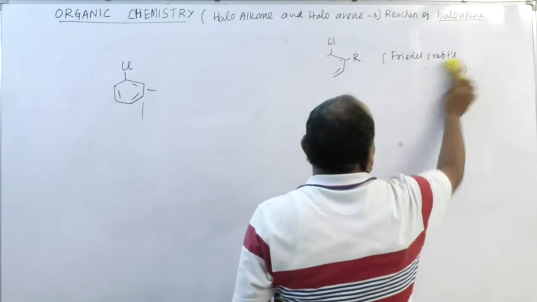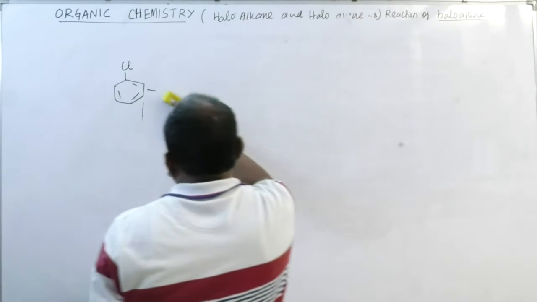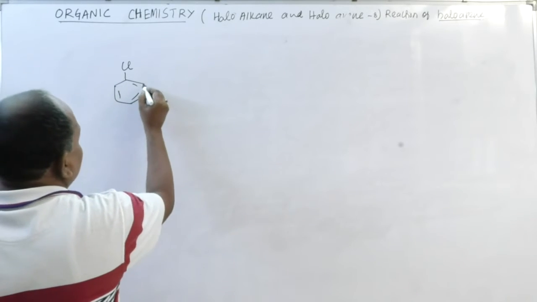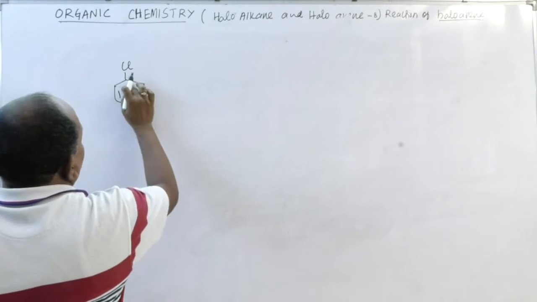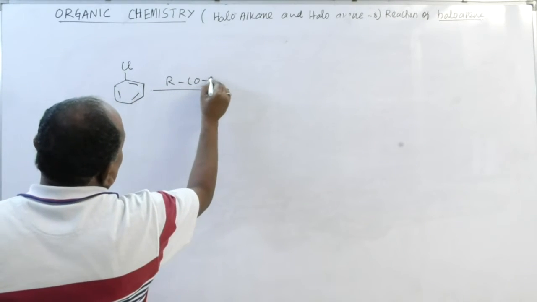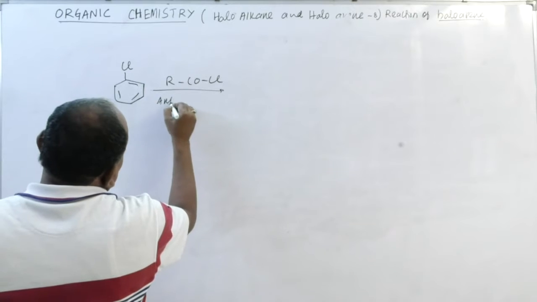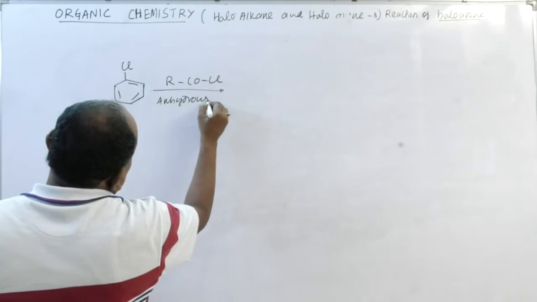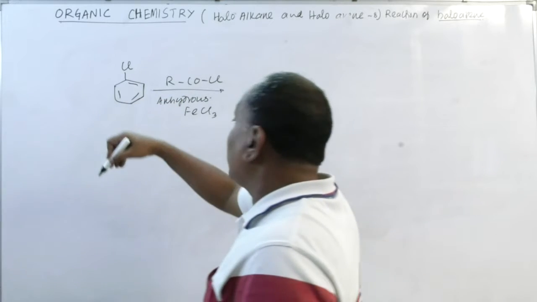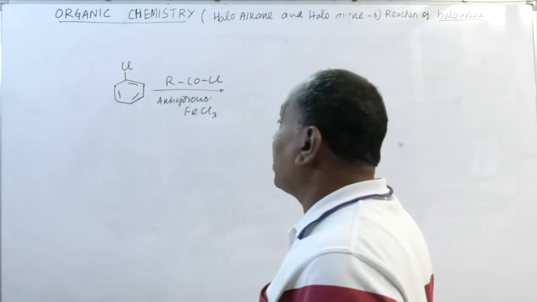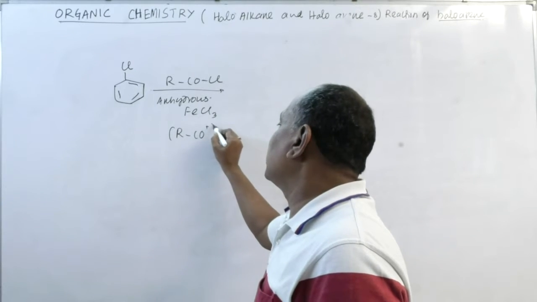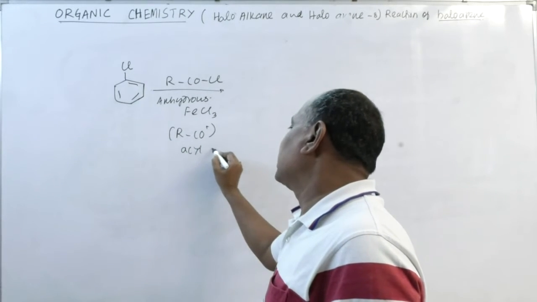Another Friedel-Crafts reaction is acylation. Chlorobenzene undergoes Friedel-Crafts acylation. So chlorobenzene is treated with acid chloride in presence of anhydrous ferric chloride, and the hydrogen atom at ortho and para positions is substituted by an acyl group. What is this acyl group? RCO plus is called the acyl group.